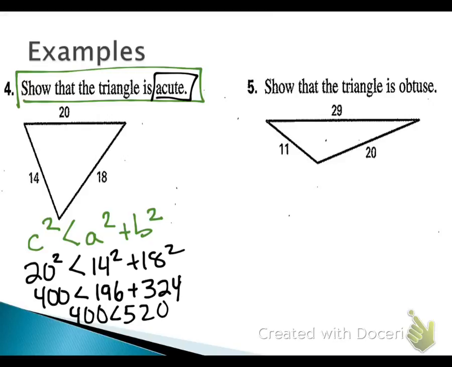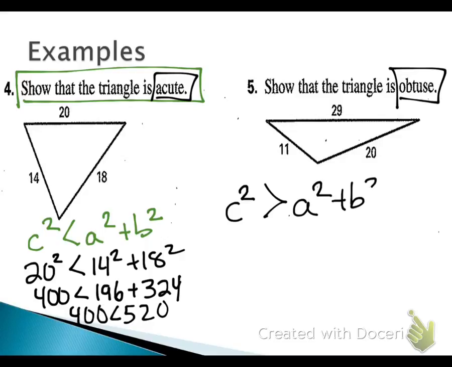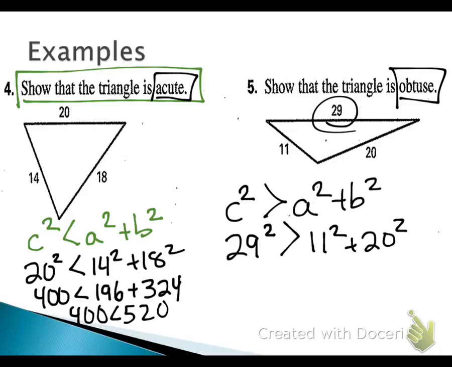All right, on number 5, now I want to show that the triangle is obtuse. So what needs to be true for it to be obtuse? C squared has to be what? C squared needs to be more than or greater than the A squared plus B squared. Thank you. So now I'm just going to show that this is true. So 29 squared is greater than 11 squared plus 20 squared.